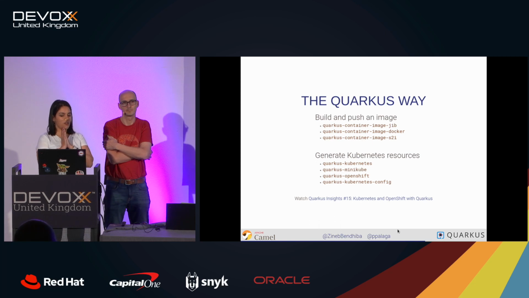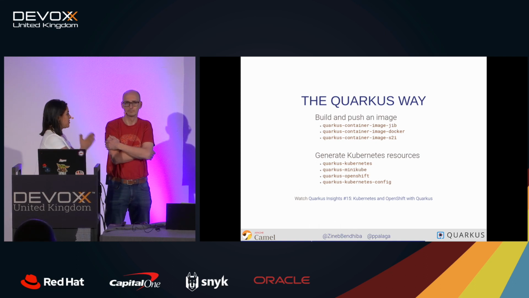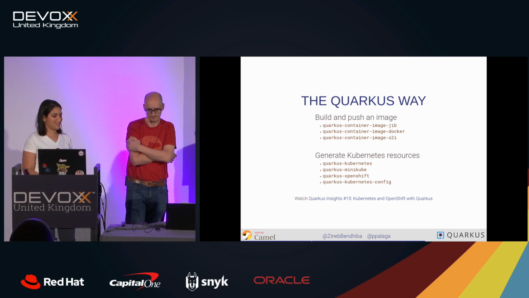These are the Quarkus extensions in order to build a container in different types. Here you can generate resources depending on the flavors of Kubernetes. So I will invite you to see this, or just come talk to us later, because we have to keep going.